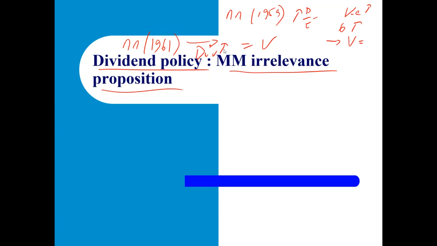I think this proposition is extremely important. Many people outside the finance world would say that if you pay out more dividends, you will enrich your shareholders. No, because what's given away to shareholders, which they have in their pocket, is lost at the level of the firm.